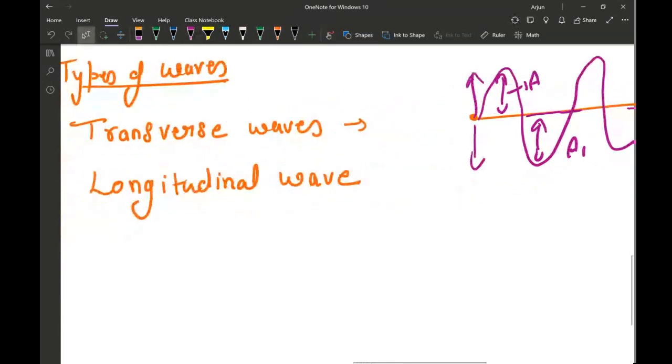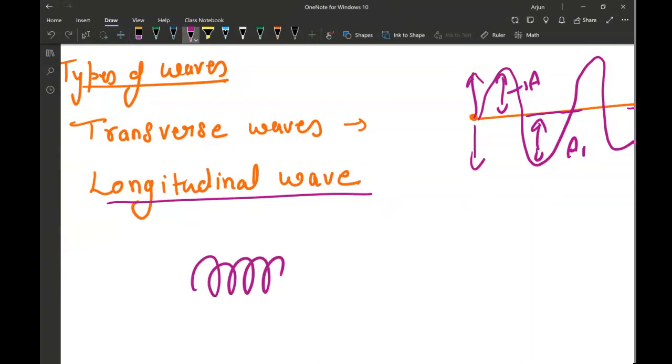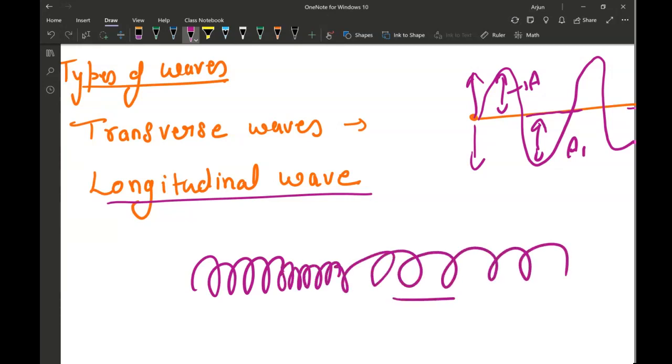The second wave is longitudinal wave. For longitudinal wave, the perfect example if you want to visualize it is the slinky. So if you move the slinky, let's say this is your slinky, and you throw it in the downward direction, at some places it will compress, and at some places it will go under rarefaction.